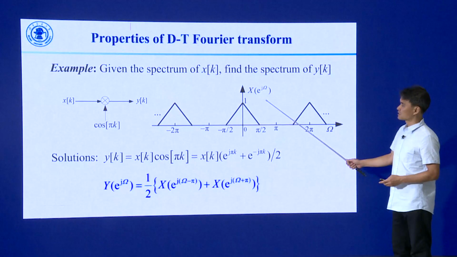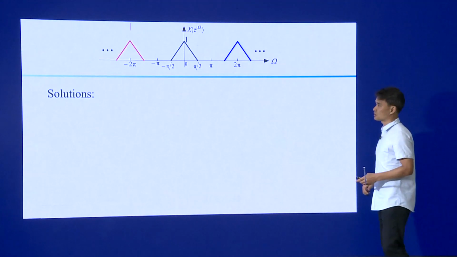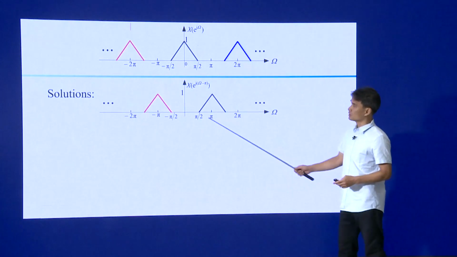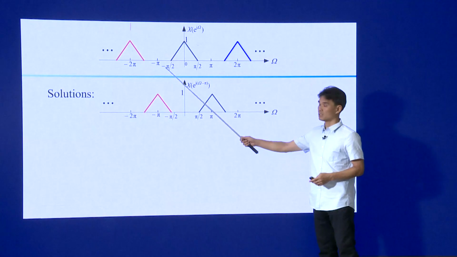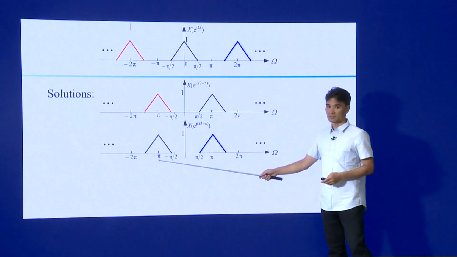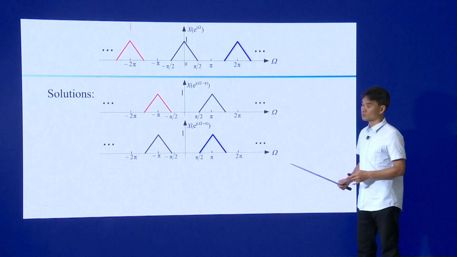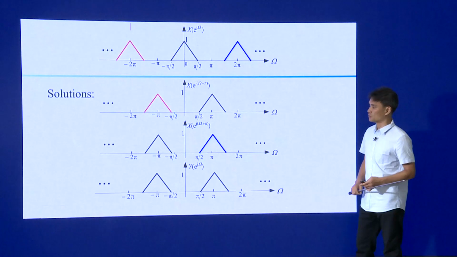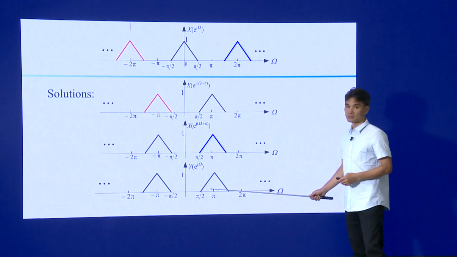So if this is the original signal's spectrum, then one term is shifted towards your right by pi, and another term is shifted to your left by pi. And the combination of these two terms divided by 2 will be this waveform in the frequency domain.